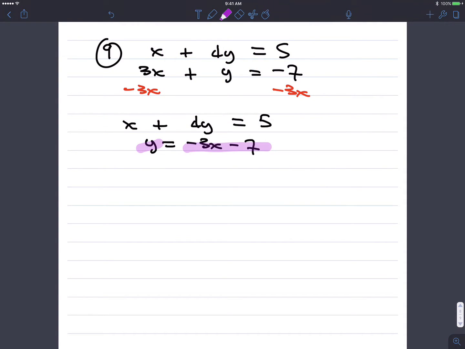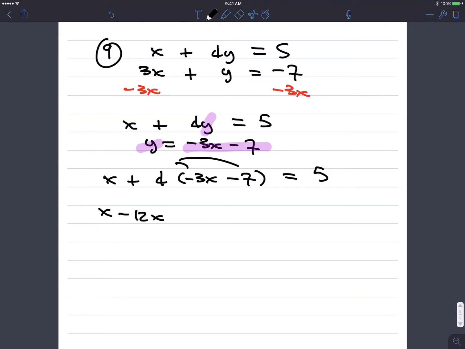y is negative 3x minus 7. Here's the y coordinate value. So I'm going to plug the second equation into the first by the y coordinate. That gives me x plus 4 times negative 3x minus 7 is 5. We distribute: x minus 12x minus 28 is 5.